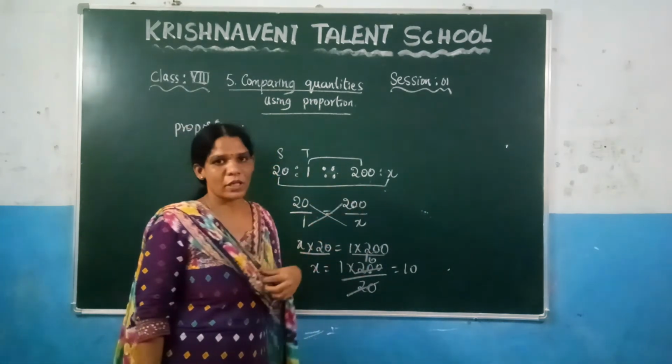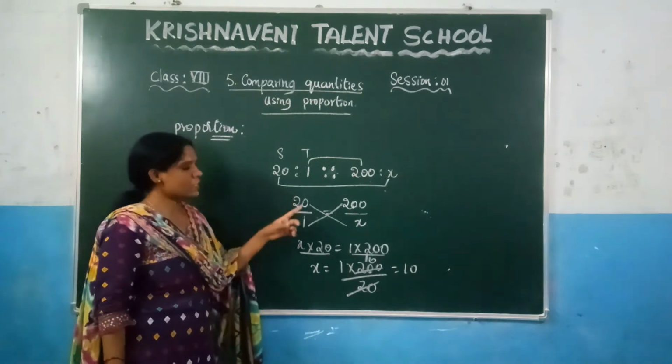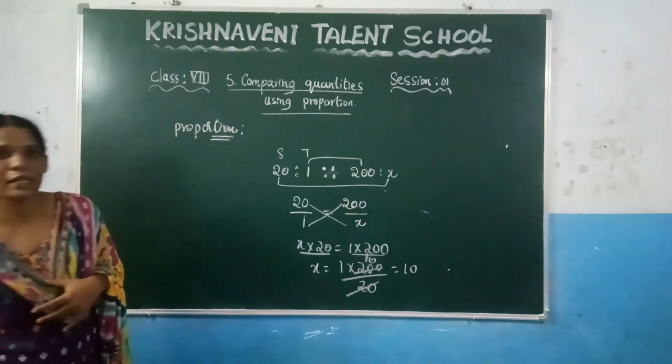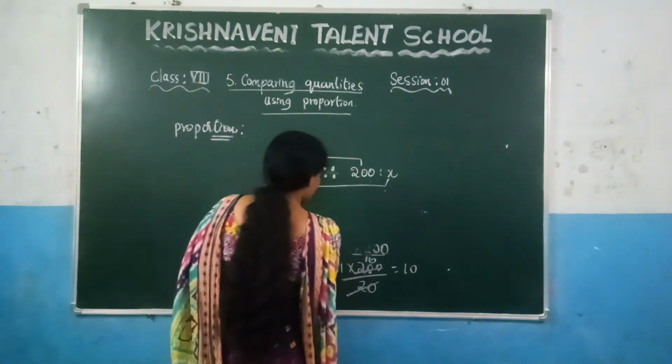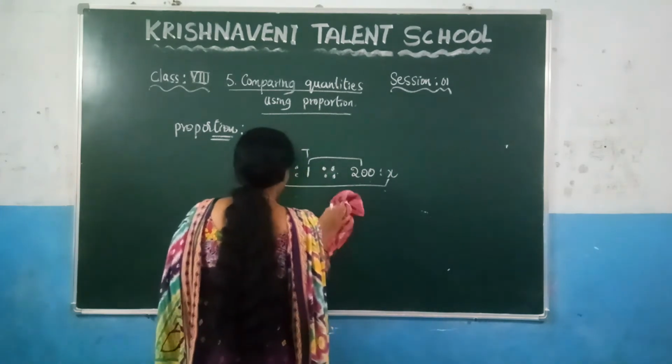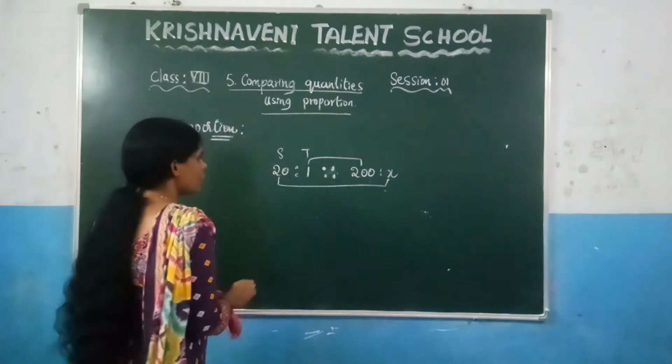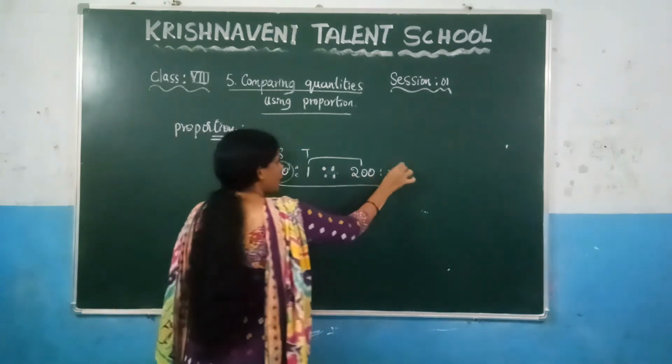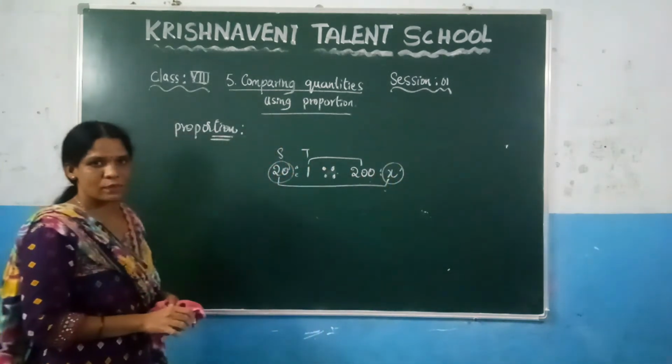If two ratios are equal, then you have to take the product of 20 and x is equal to 1 is to 200. So here this x and 20, what we call them? We call 20 and x the extremes.